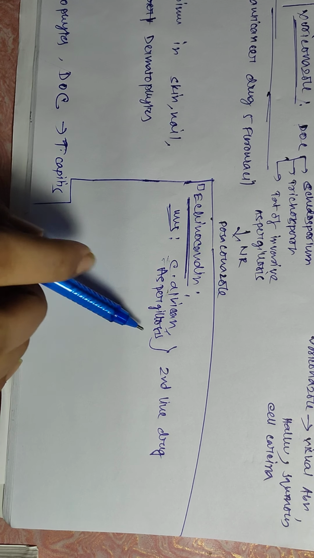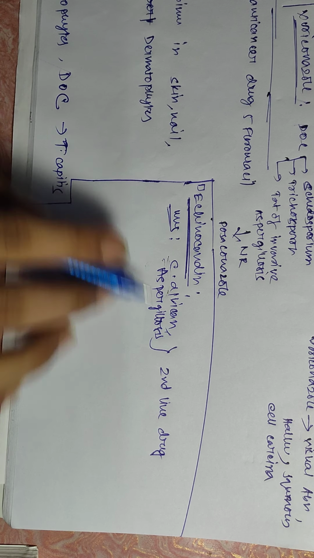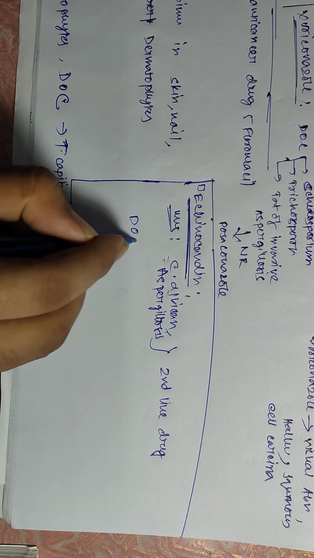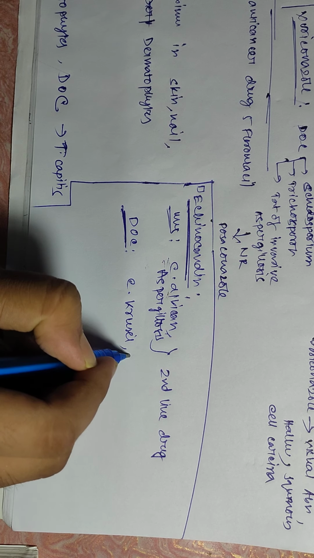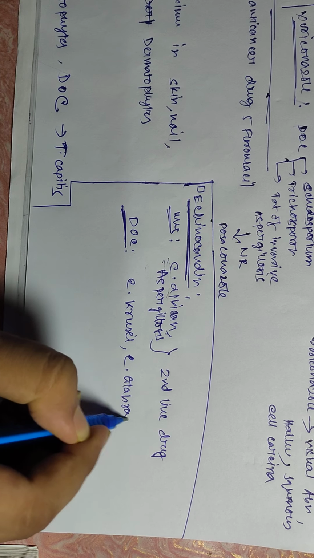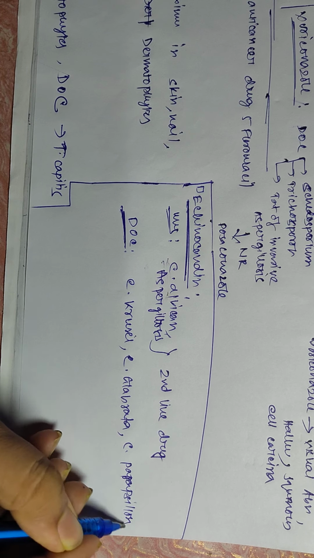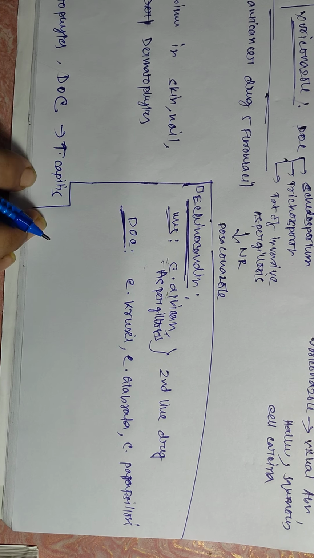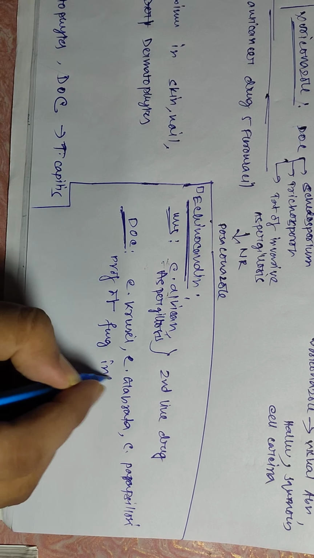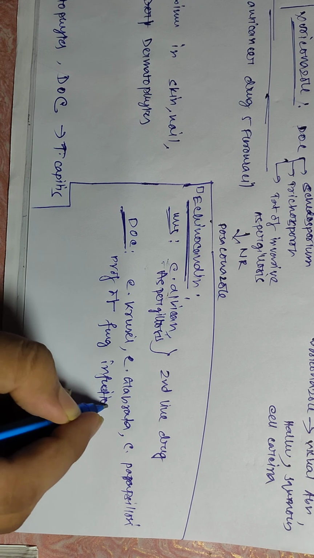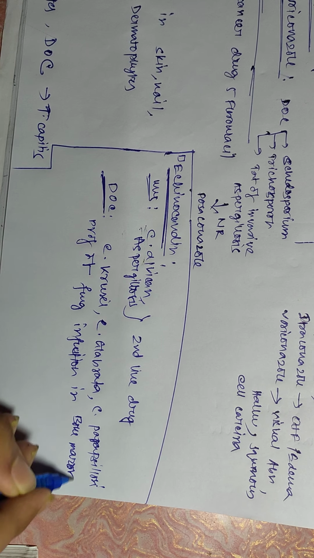What is the drug of choice for invasive aspergillosis? That is voriconazole. So it is the second line, that is why.